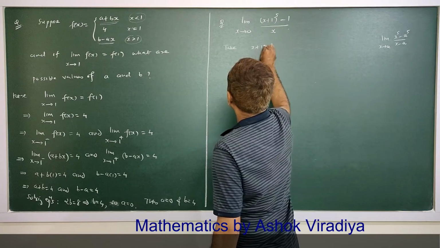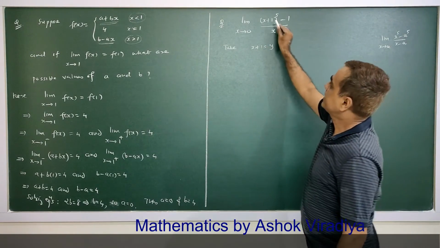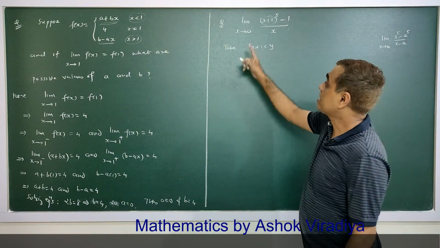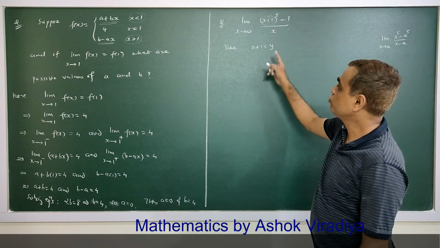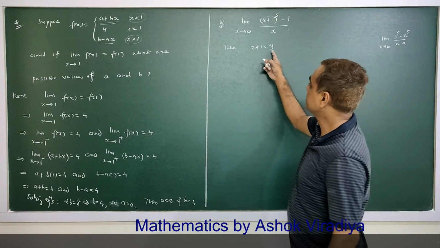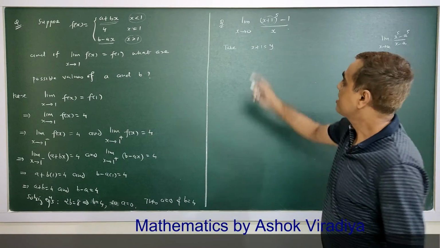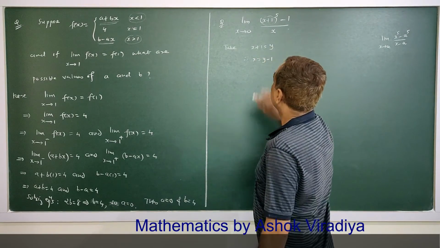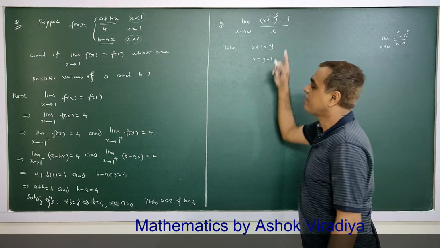I am taking x plus 1 equal to y. It means we are changing this variable. New variable is y. So everything now we are converting in y. x plus 1 is y. So x will be equal to y minus 1.